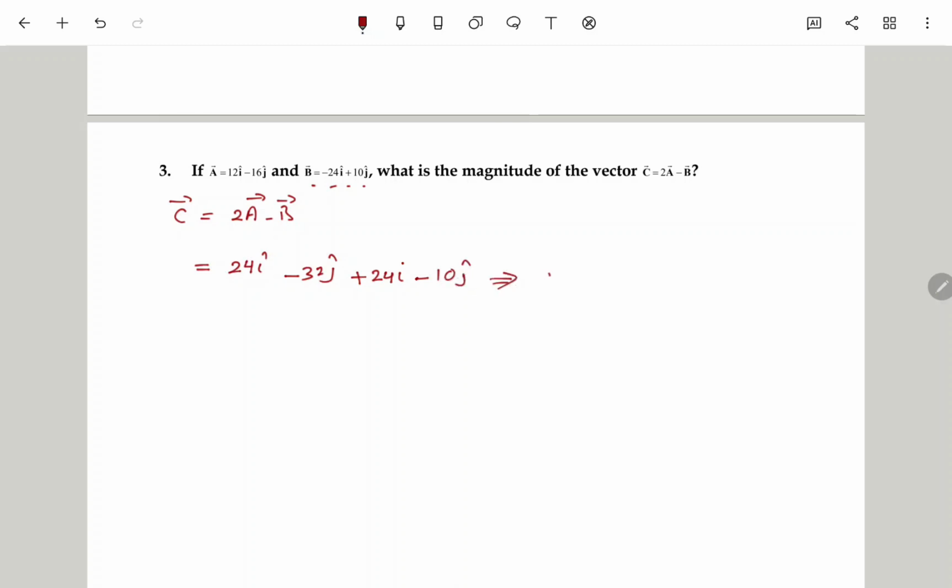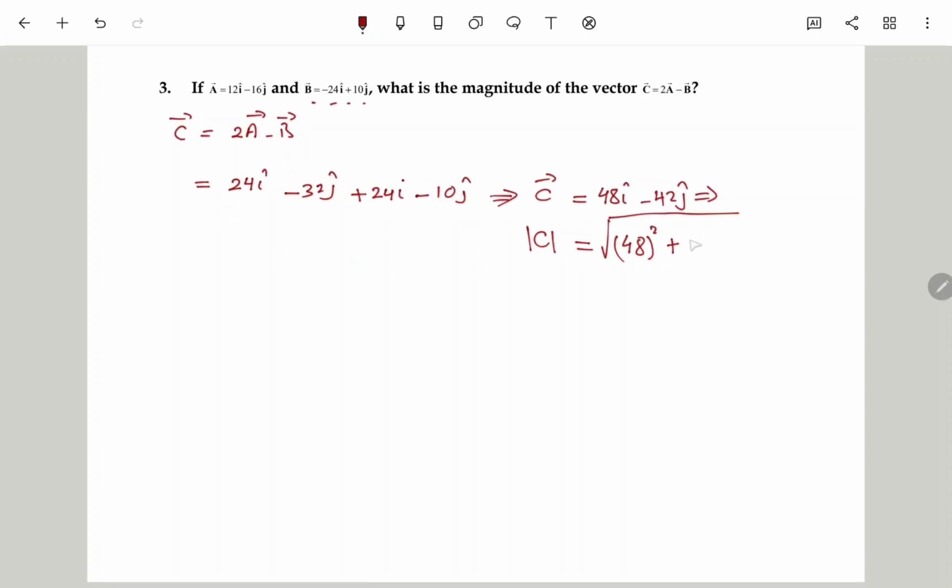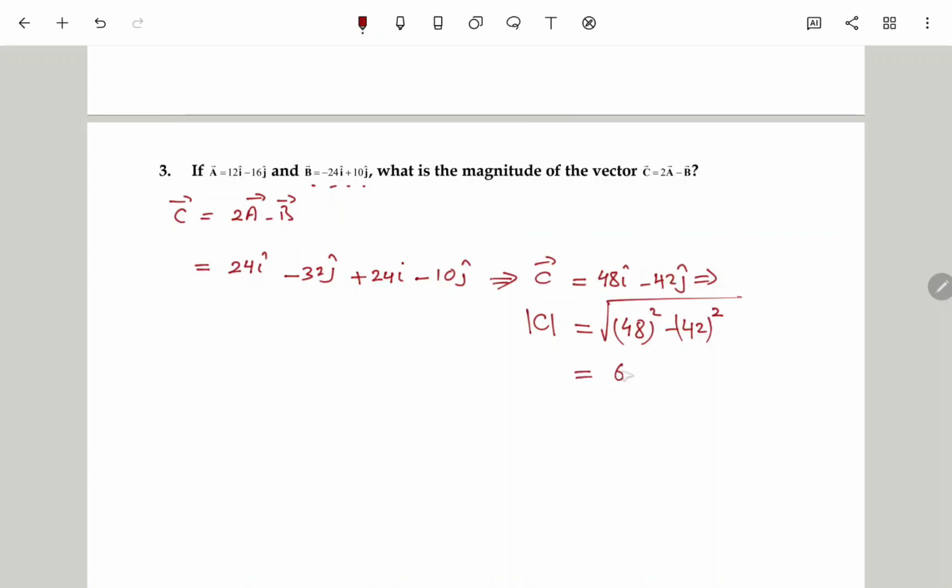In this case vector C equals 48i hat minus 42j hat. In other words, the magnitude for vector C equals the square root of 48 squared plus minus 42 squared, which equals 63.7, almost 64. So this is the magnitude for vector C, which equals 2A minus B.